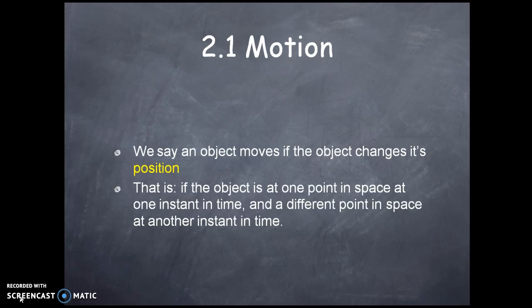So if an object is at one point in space at one instant of time and at a different point in space at a different instant of time, then we say that the object is in motion.